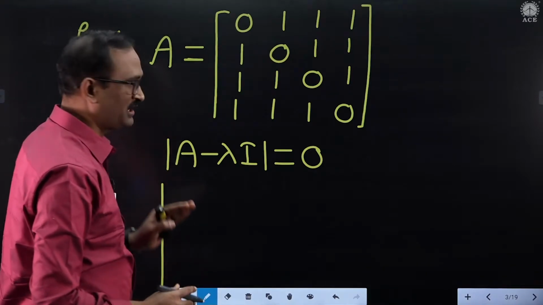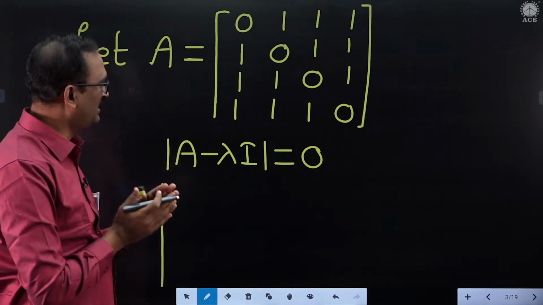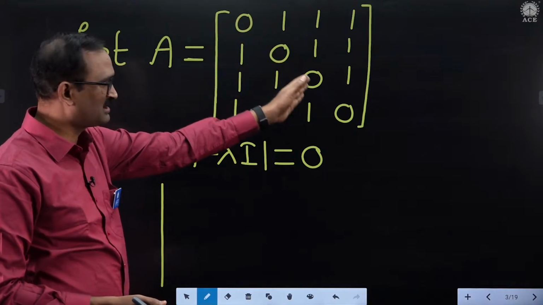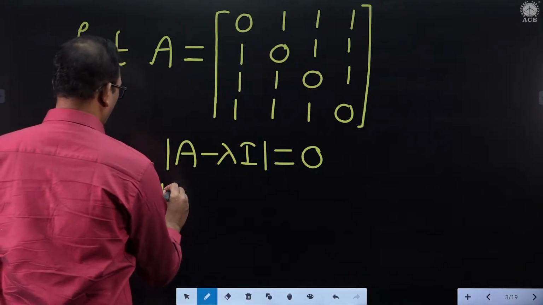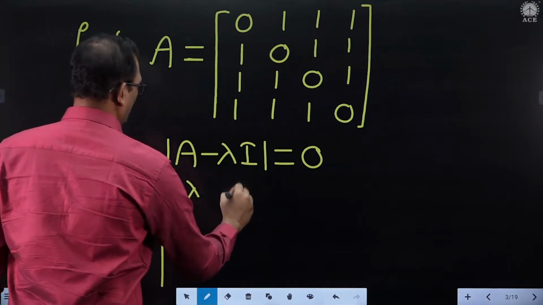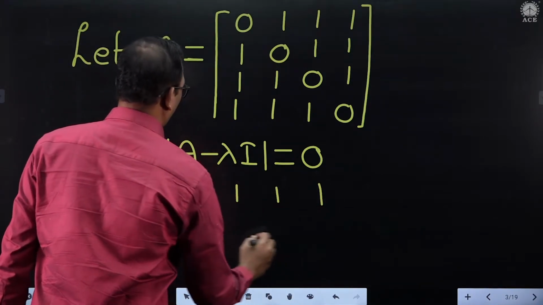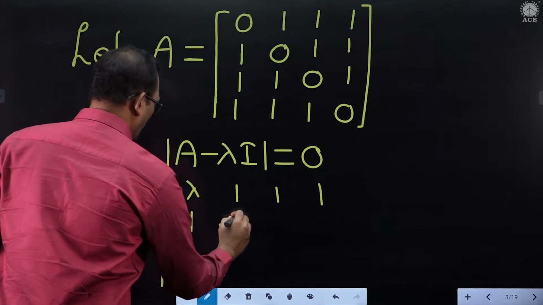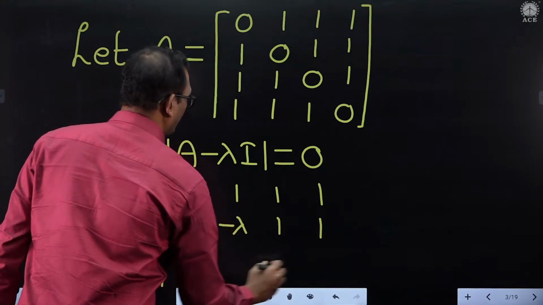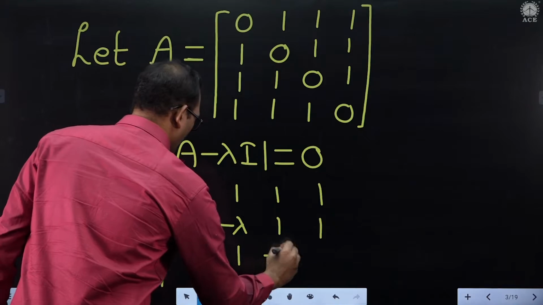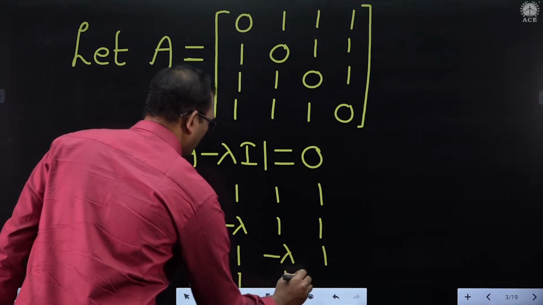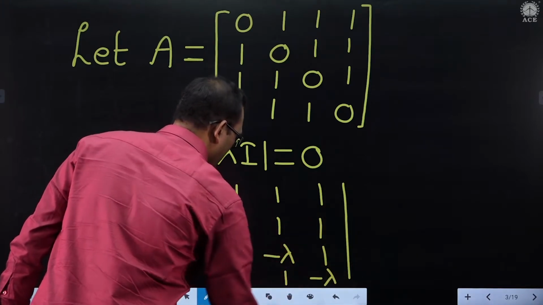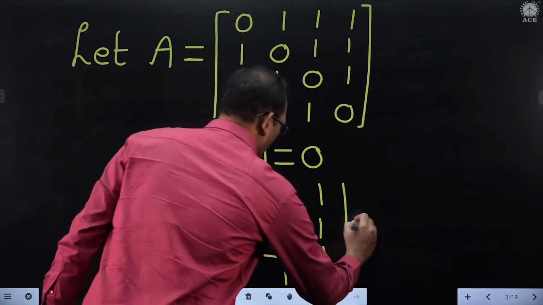To get the determinant of A minus lambda I, just add minus lambda to the diagonal elements. This is 0 minus lambda, 1, 1, 1; 1, 0 minus lambda, 1, 1; 1, 1, 0 minus lambda, 1; 1, 1, 1, 0 minus lambda, is equal to 0.